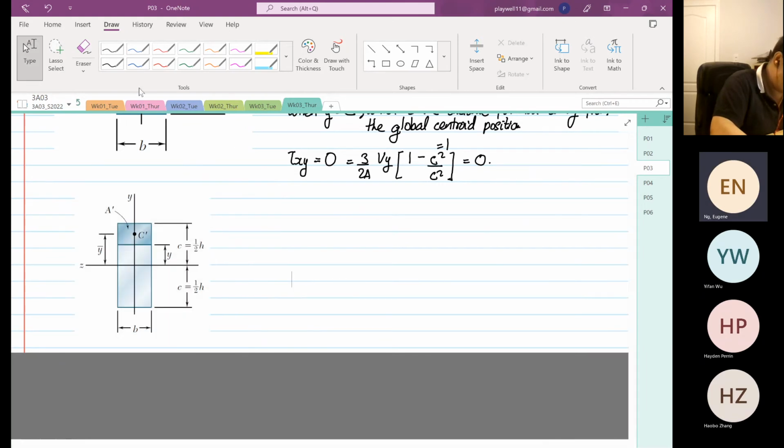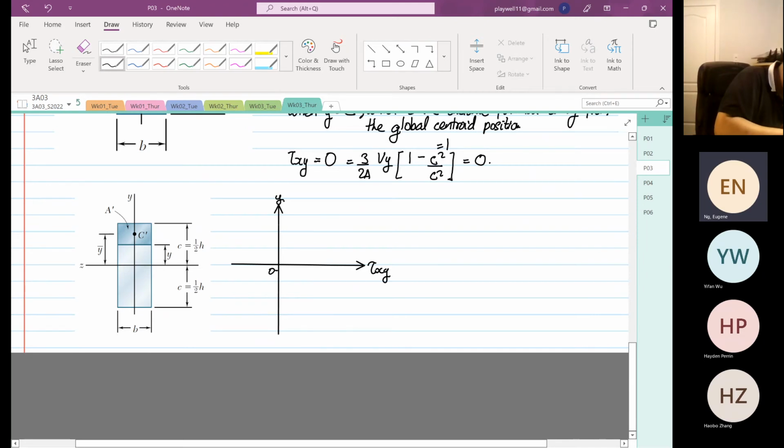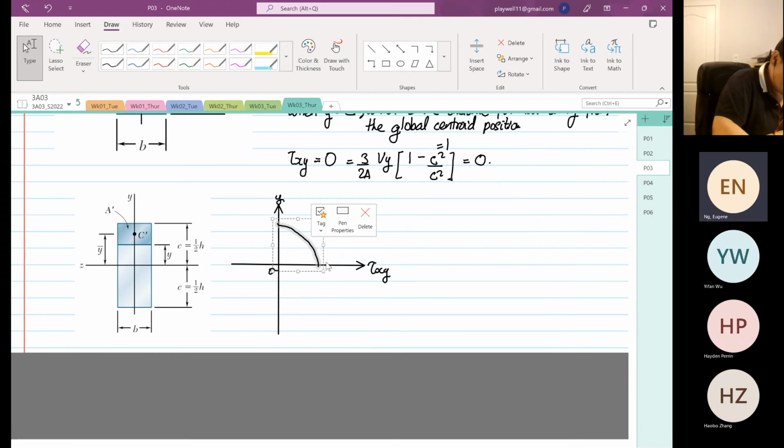So this will be our shear stress, xy, and then this will be our distance, y. So this is 0. What you get with a second order polynomial function and it's negative is a parabolic distribution. Okay, and then this will be reflected on the other side.